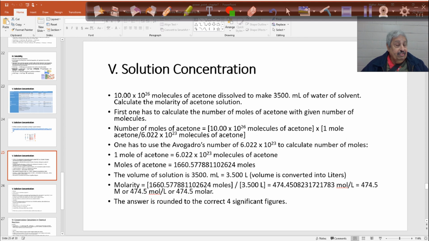Can I have reverse osmosis? Yes. I have to put pressure from outside to get this diffusion from lower concentration of the solvent to higher concentration.